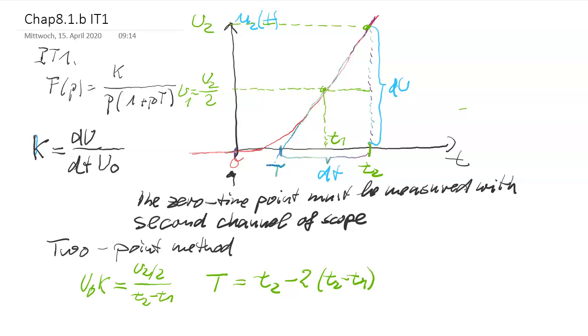So I have to subtract 2 times T2 minus T1, and if I put this together, you see T2 minus 2 times T2 is negative T2, and minus 2 times minus T1 is 2 times T1. So the very simple equation for my time constant is 2 times T1 minus T2. This can be calculated easily. There is no module in Windows C# because this is so easy. So I have now completed the IT1 identification method with the step response.